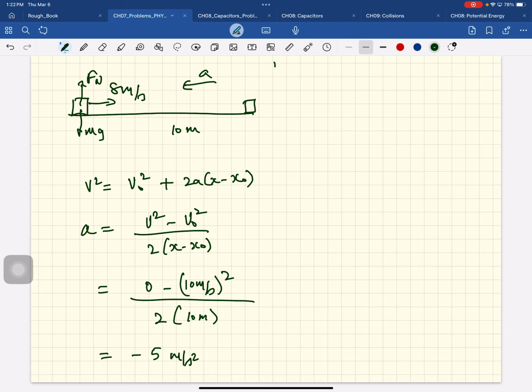And what is the only force acting in the horizontal direction? The friction force. So the friction force is equal to mass times acceleration. The friction force is mu k times mg.